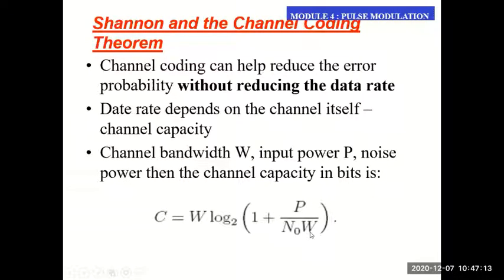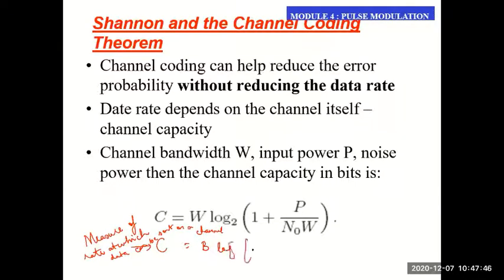So actually the standard form of this equation is something like this. Channel capacity is a measure of the rate at which data can be sent on a channel. It is given as bandwidth B log of 1 plus signal to noise ratio, log to the base 2.